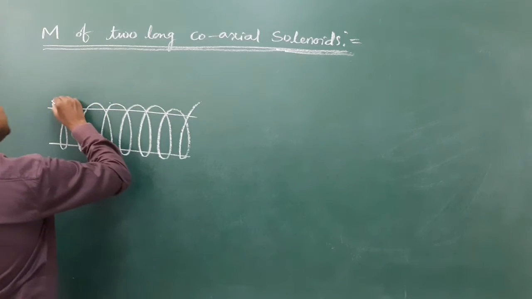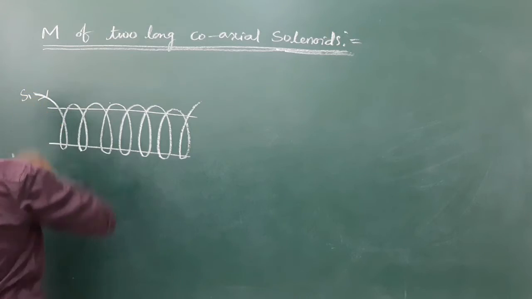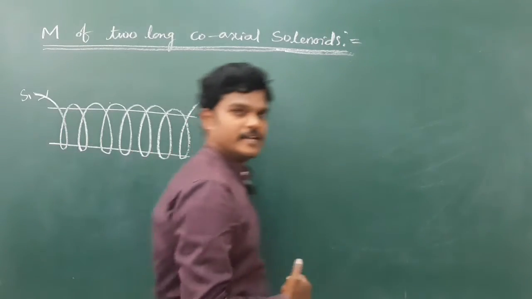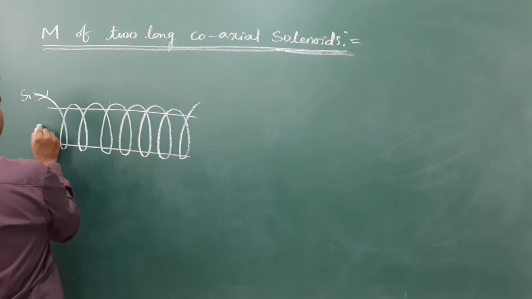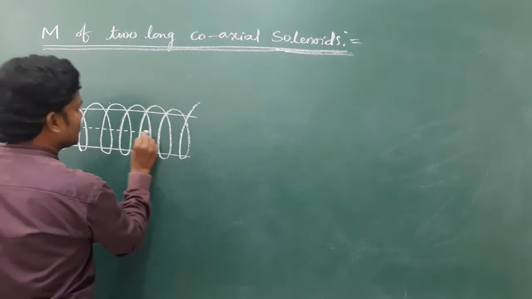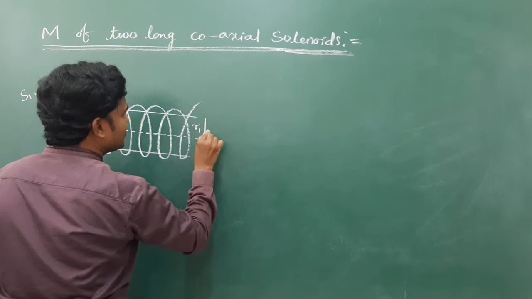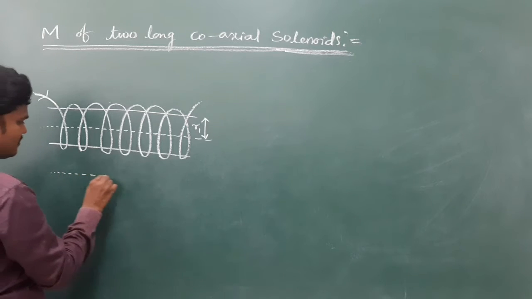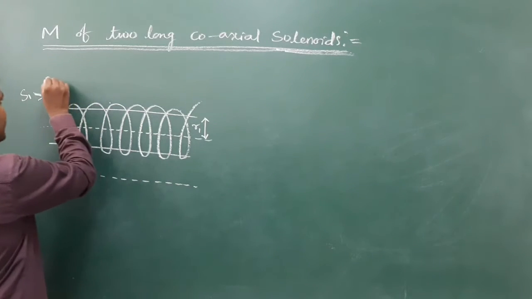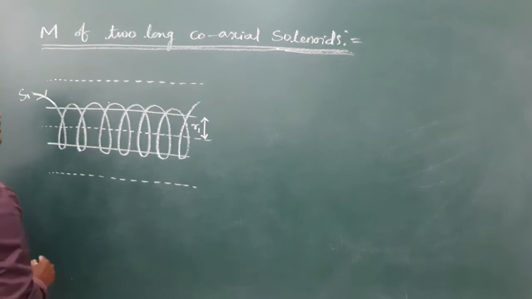Let me call it solenoid S1, whose radius I take as R1. Another solenoid, let me place like this, whose radius I am going to take as R2.